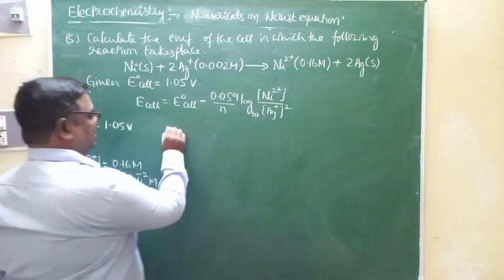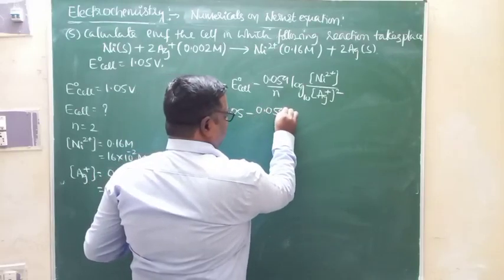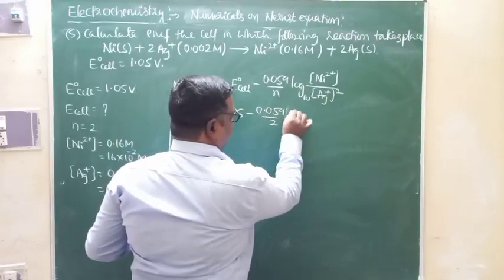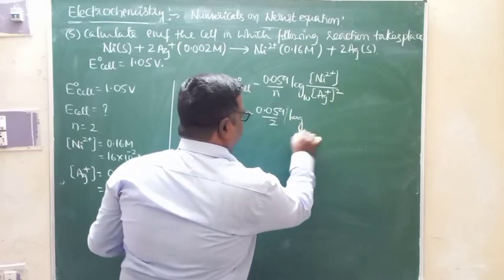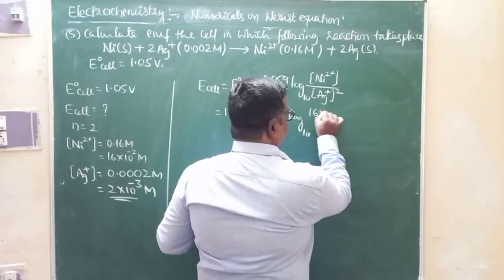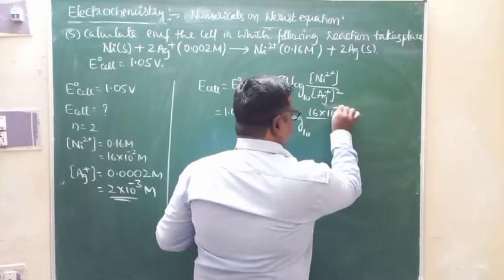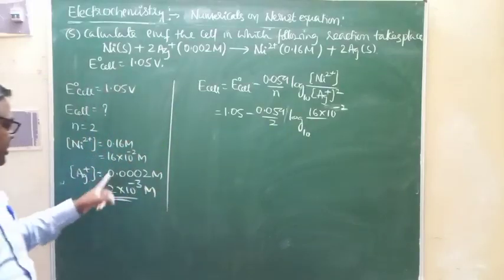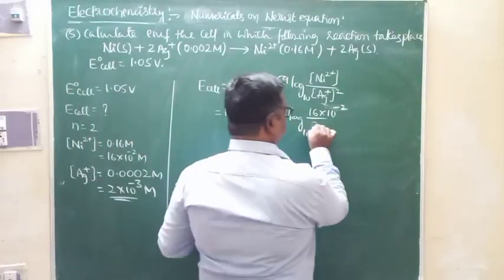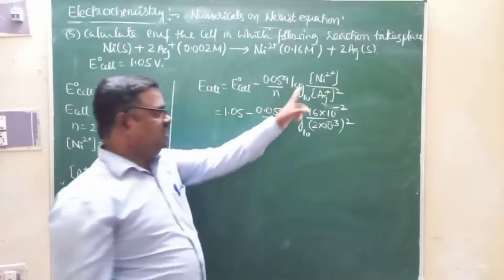Substituting in the equation, 1.05 minus 0.0591 divided by 2, log to the base 10 of, n is equal to 2 here. Nickel, that is 16 into 10 to the power minus 2, divided by 16 into 10 to the power minus 2, divided by 2 into 10 to the power minus 3 whole square, because Ag plus has power 2.